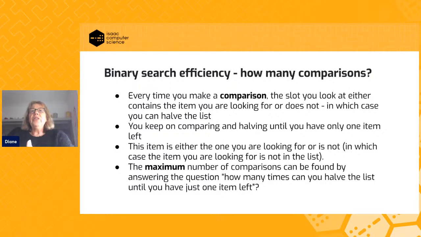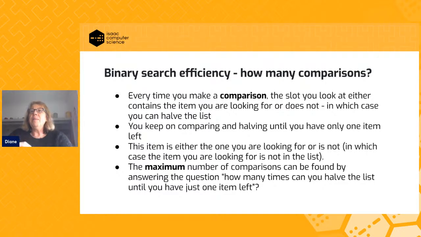Okay, so just a little reminder then of how efficient this binary search is and how we can calculate the number of comparisons that we need to make. Every time we make a comparison with binary search, the slot we're looking at either contains the item we're looking for or it doesn't. If it doesn't, we halve the list.